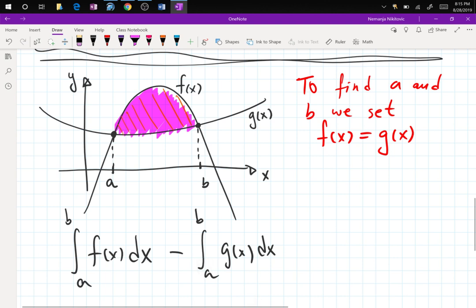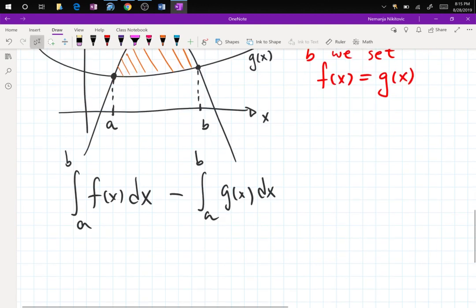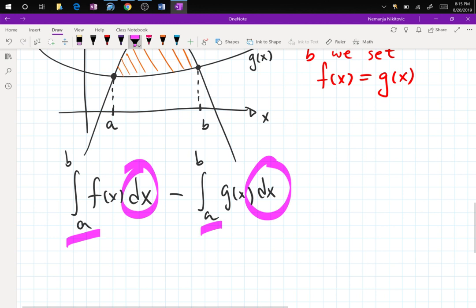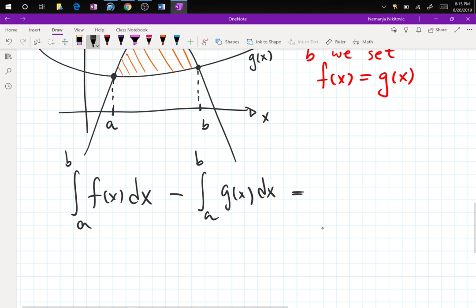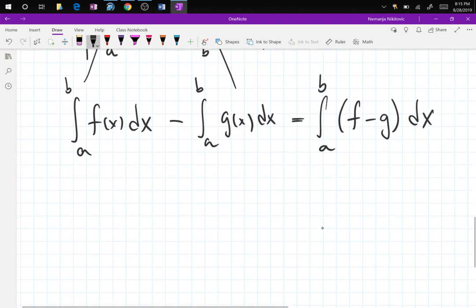Now, if you remember a formula from Calculus 1, it says that if both integrals are in terms of dx, and both integrals have the same a and b, you can mush them into one integral, which is the property of linearity. So this can be combined into a single integral of f minus g dx, which is your formula.